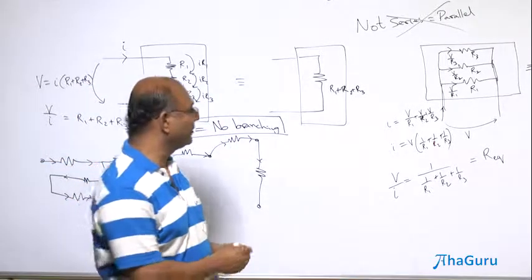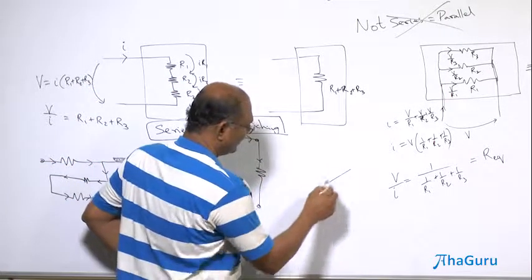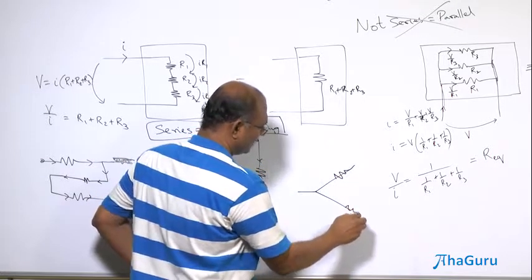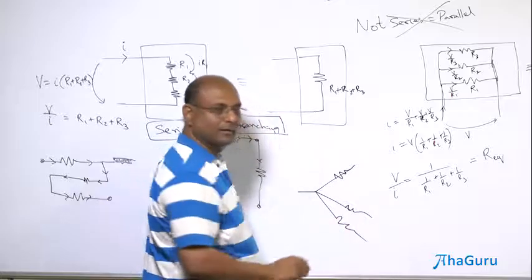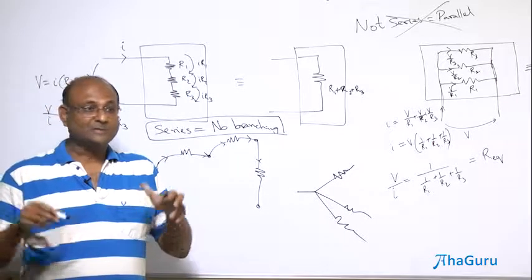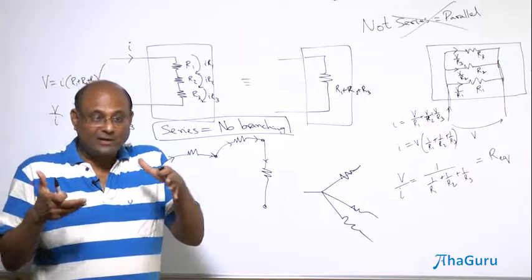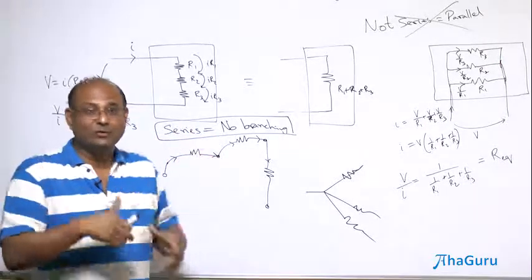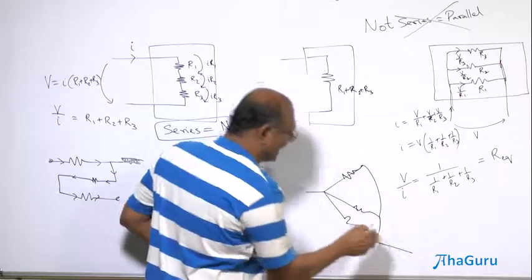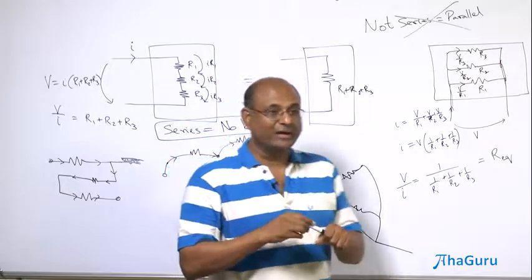Obviously, if you start together, you are branching, right? Now this is not parallel. Why is it not parallel? Because they start together, they have not yet joined together. They don't end together.